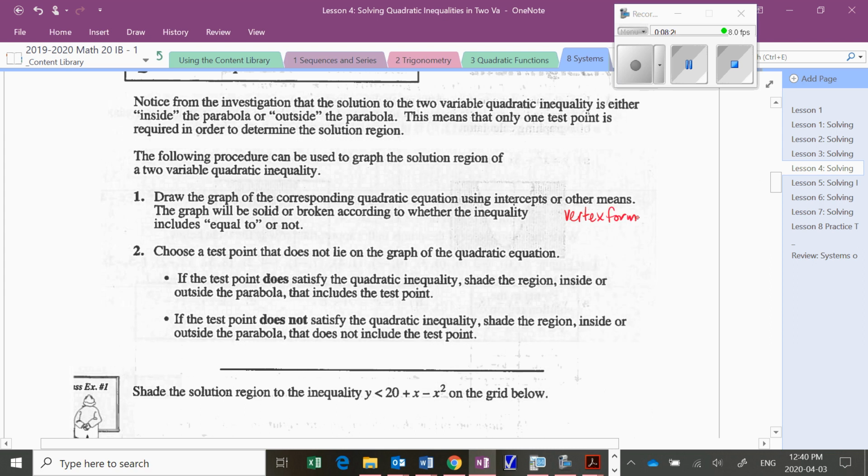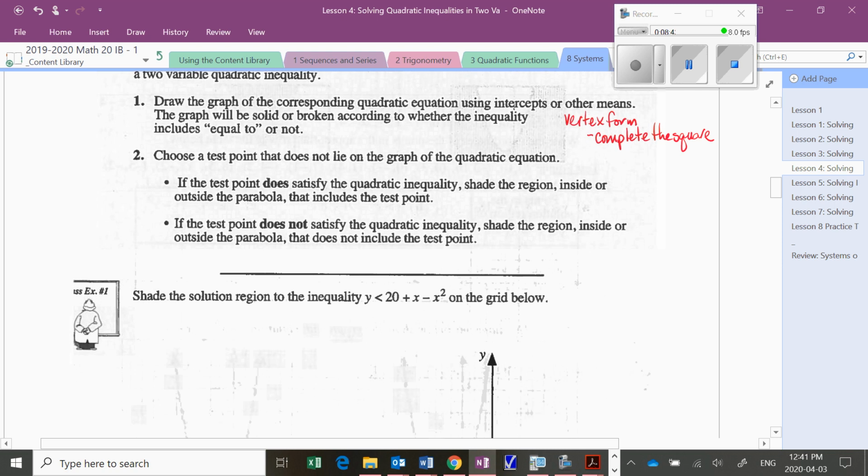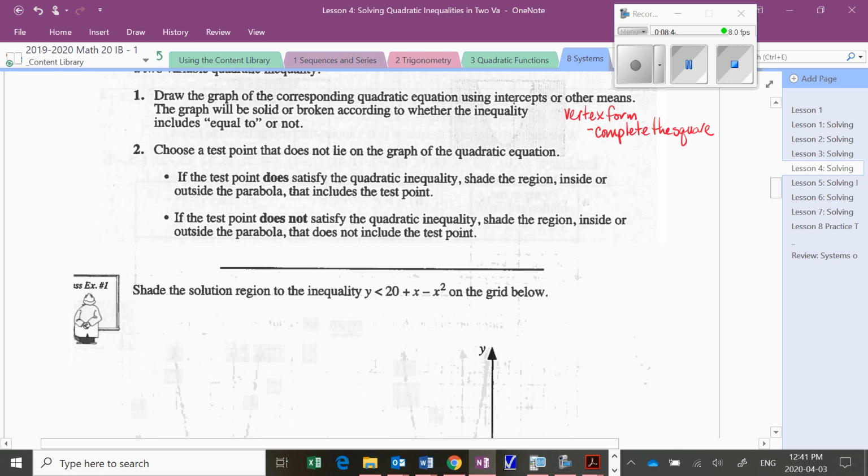So perhaps bringing back fond memories of completing the square so that we know where our vertex is, and then drawing in our quadratic with some semblance of accuracy, please, and the graph will then be solid or broken depending on whether the inequality includes the equal to or not.